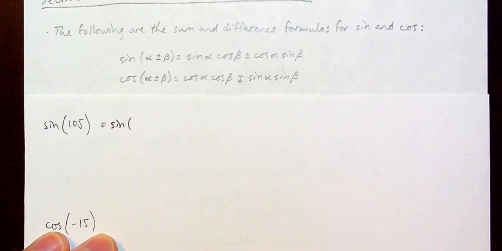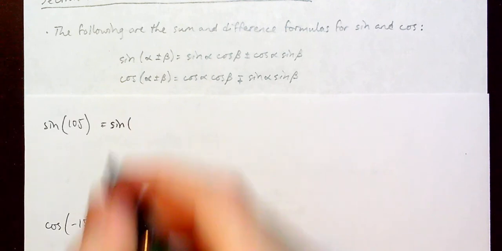And the idea is you want to use some relatively nice angles here. And by nice, I mean those common angles that we know values of our trig functions at. Well, 105, if you think about it, is 60 plus 45.